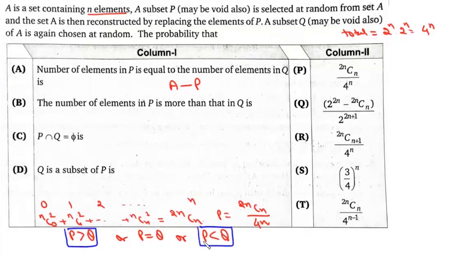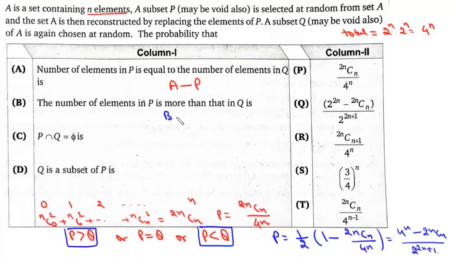So this probability will be simply 1 by 2 into 1 minus, when they have an equal number of elements, 2nCn upon 4 to the power n. Now we can write this as 4 to the power n minus 2nCn upon 2 to the power 2n plus 1, which is your option Q. So this B matches with Q.